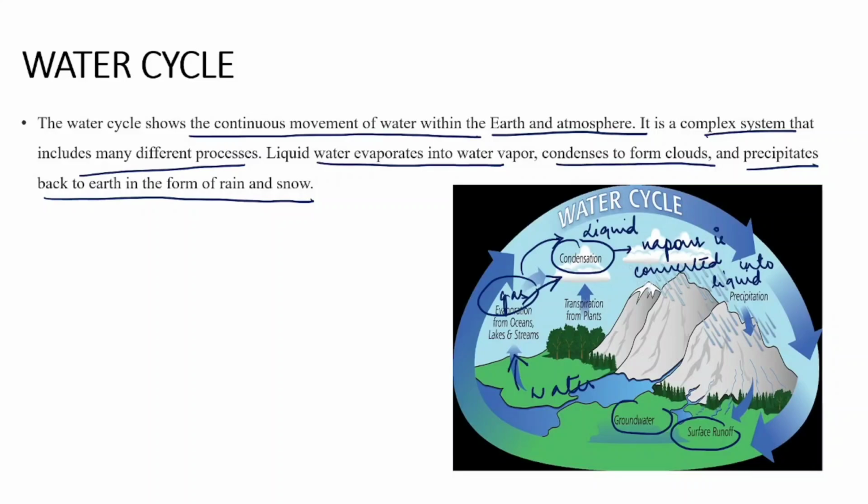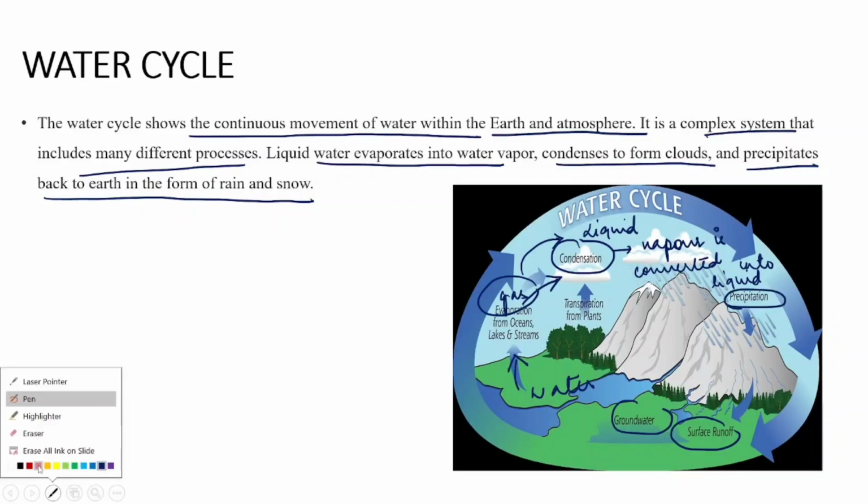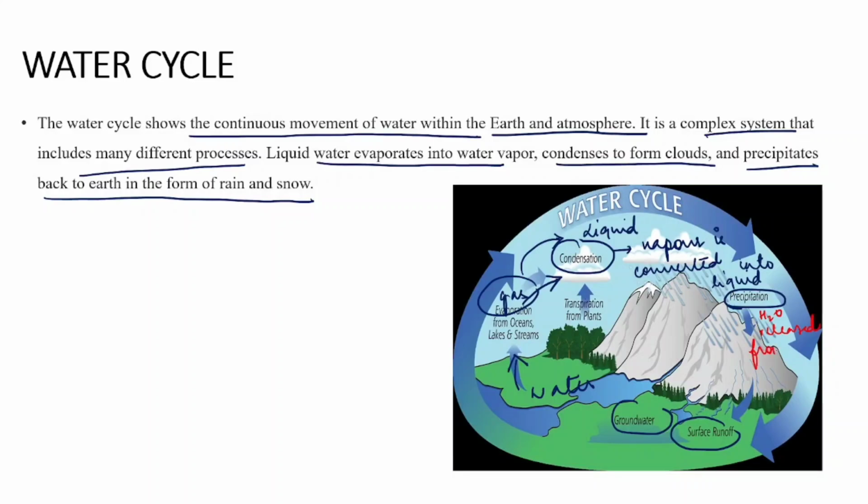Now what is precipitation? Precipitation is a process in which water is released from the clouds in the form of rain.